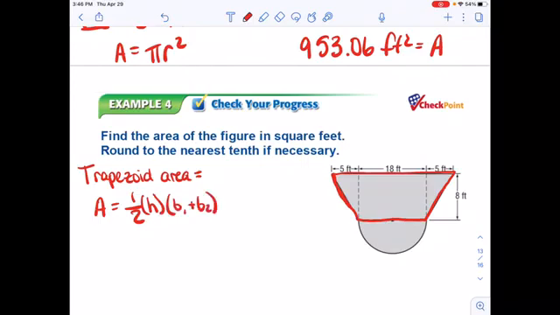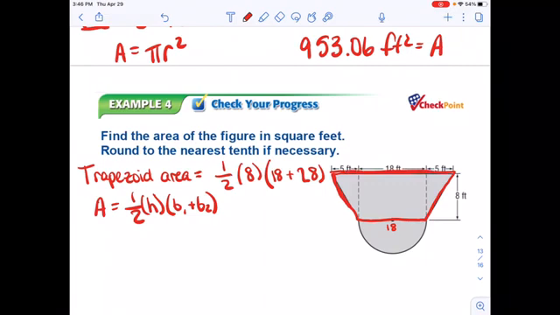So I'm going to fill in my info. Half, my height is 8. Base 1 is 18. Base 2 is 28 for this whole thing. Go ahead and solve. I'm going to reduce this down to 4.